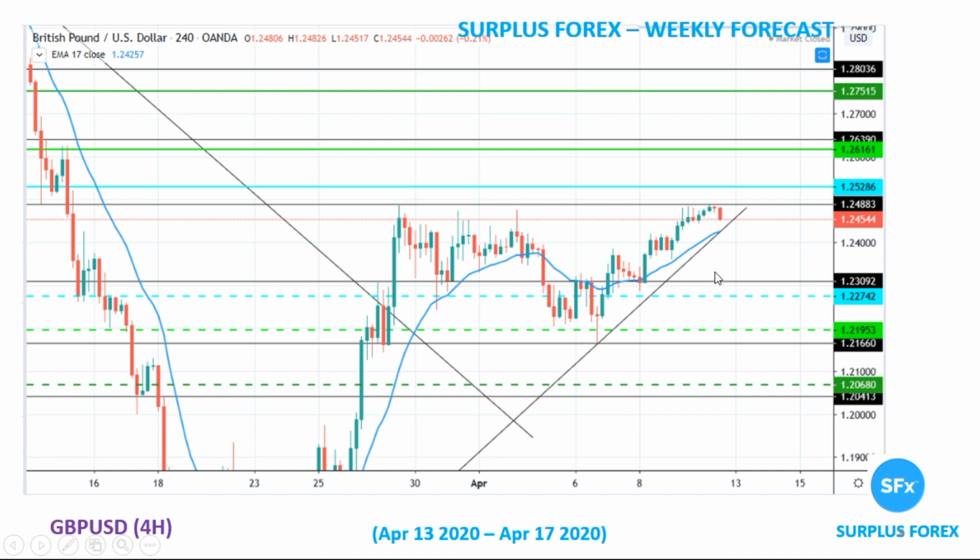In that case, I'll be keeping my stop loss above 1.24. So once again, I expect it to rise for the forthcoming week. The pound should gain some strength.